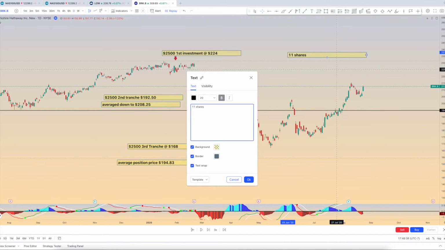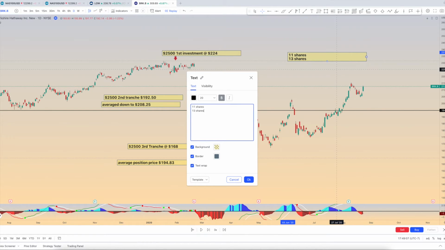So that's 2,500 divided by 192.5. So then you ended up buying 12.98, so 13 shares. So now you've averaged yourself 11 plus 13 shares, which means that the actual price that you've averaged down to is lower because you ended up getting an extra 2 shares at that price compared to your original investment.